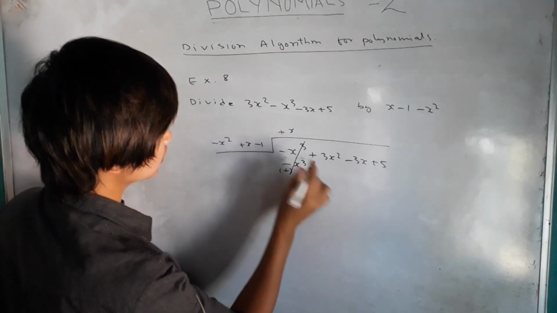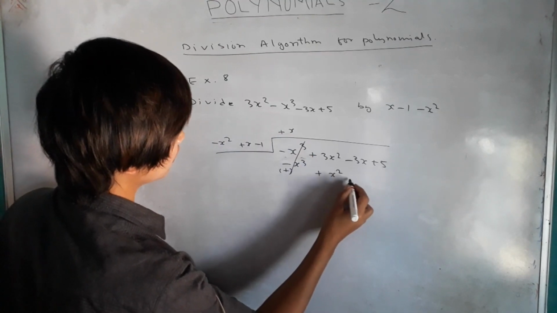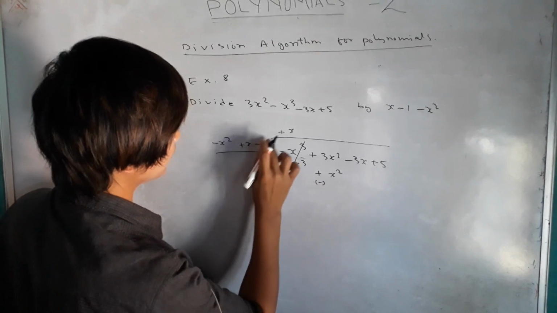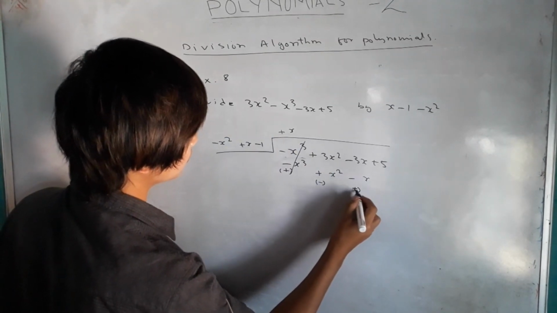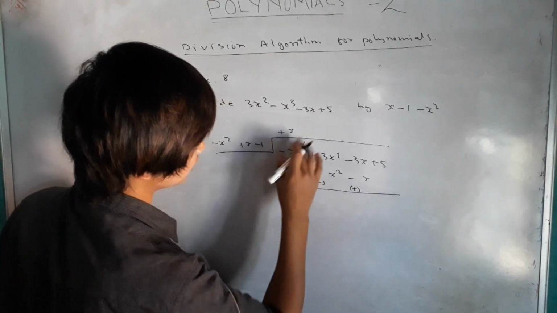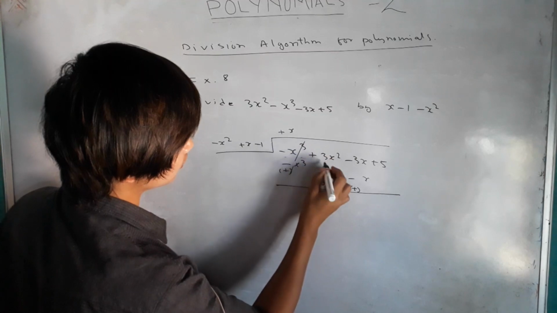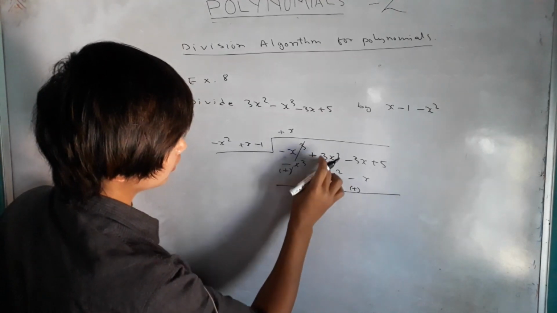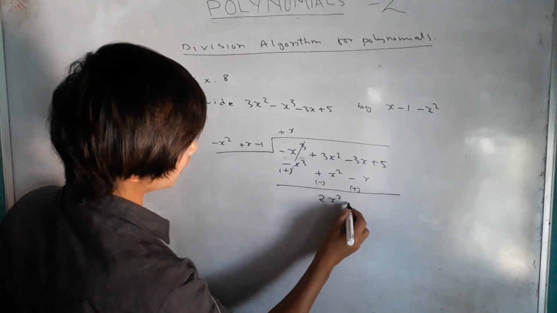So plus into plus, plus x into x, x square. Done. Here negative sign, minus into plus, minus 1 into x, x, here will be positive sign, so it is cancelled out. Plus into minus, minus. See, 3 is greater than 1, so it has positive sign attached, so it will be 3 minus 1, 2x square.